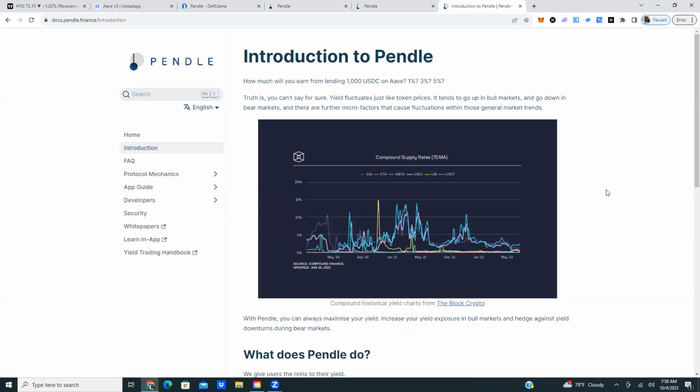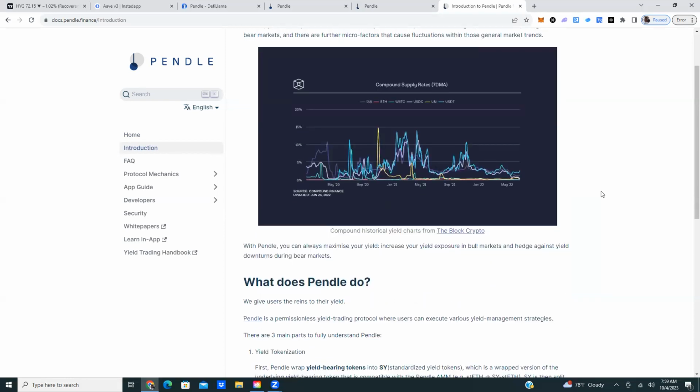How much will you earn from lending 1,000 USDC on Aave? 1%, 3%, 5%? Truth is, you can't say for sure. Yield fluctuates just like token prices. It tends to go up in bull markets and go down in bear markets, and there are further micro factors that cause fluctuations within those general market trends.